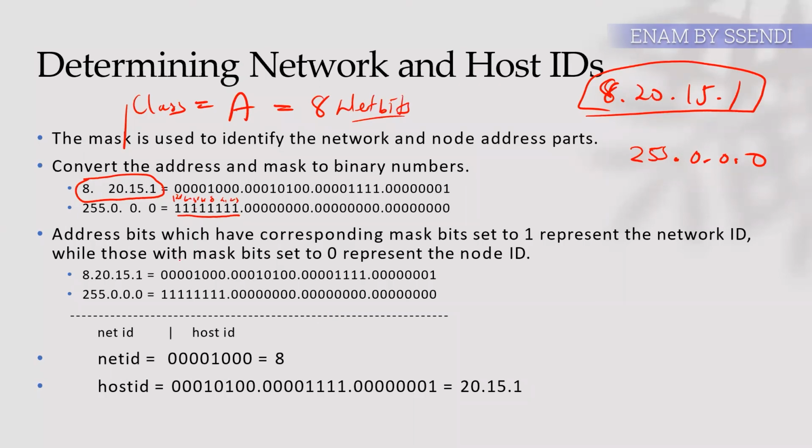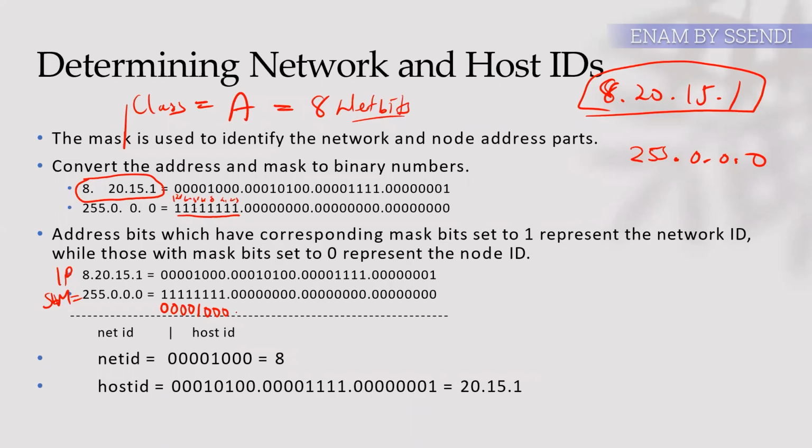Now, to determine the network address for this particular address, we have our IP address in binary and our subnet mask, which is also in binary. If we combine them, here we shall get 0, here we shall get 0, and here we shall get a 1 in one position.